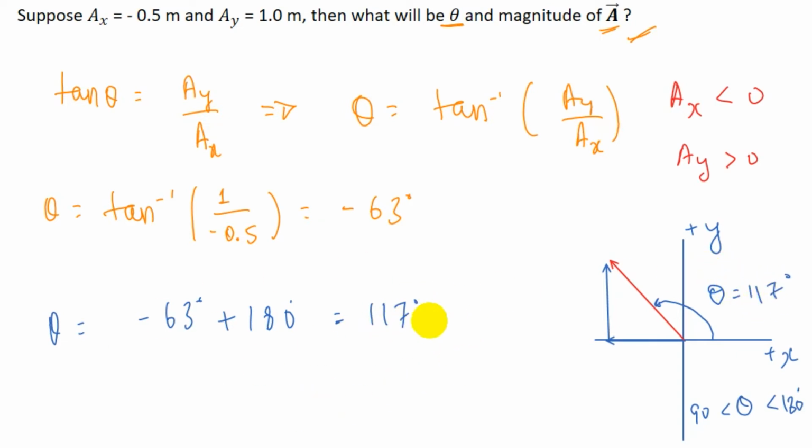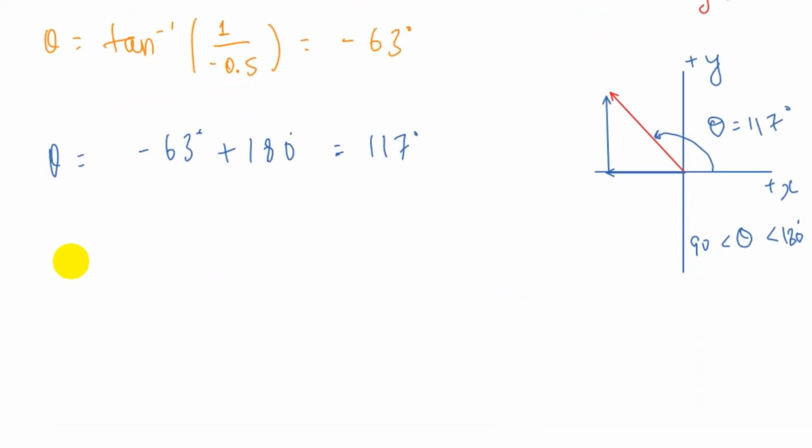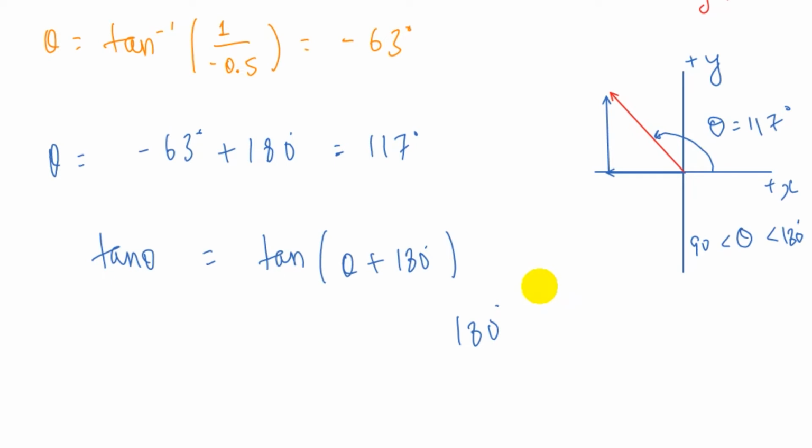Now one question arises: why are we adding 180 degrees to it? Well, if you are familiar with trigonometric angles, you might have studied that the value of tangent theta is equal to tangent of theta plus 180 degrees, because the period of tangent theta is 180 degrees. That is, the tangent curve repeats itself for every interval of 180 degrees.